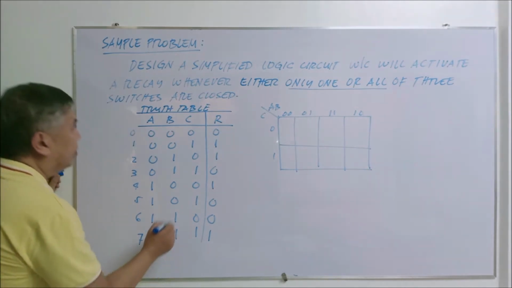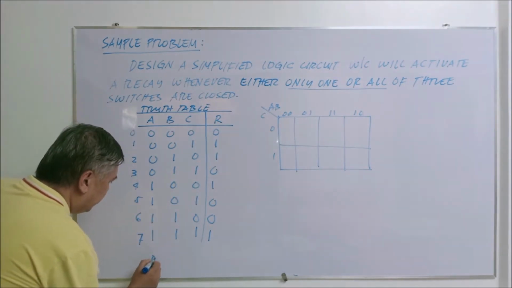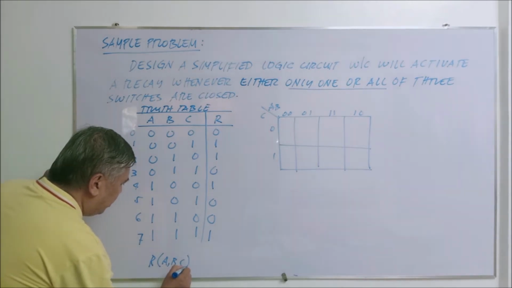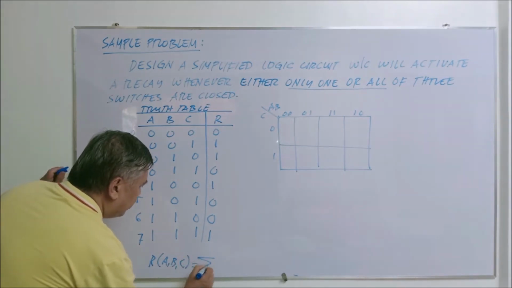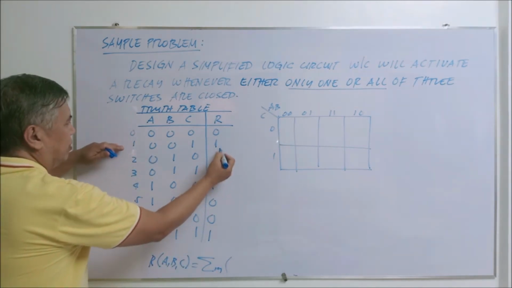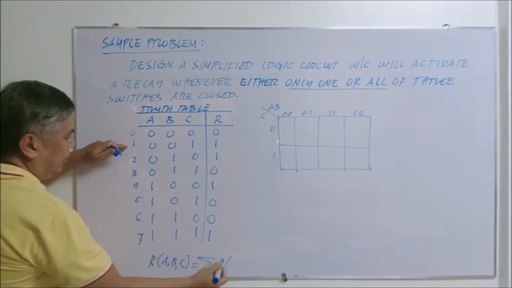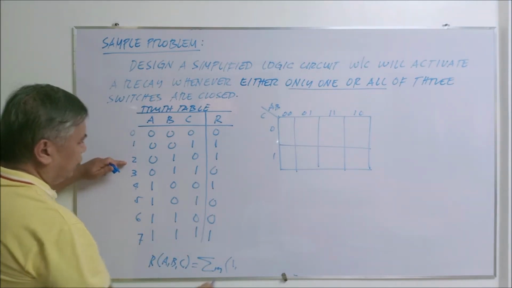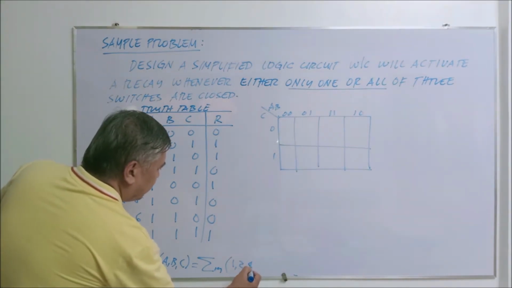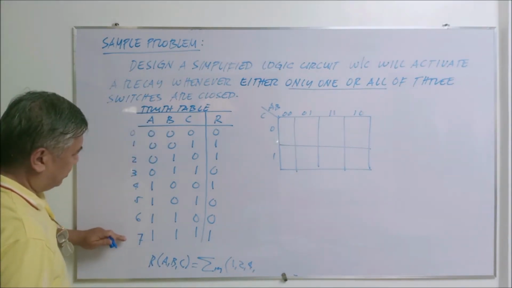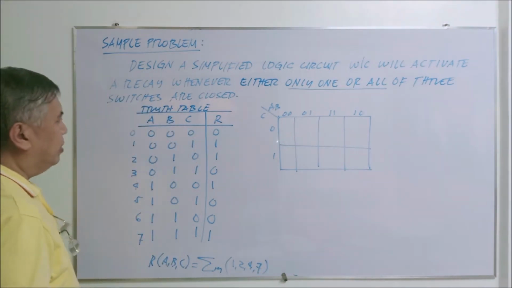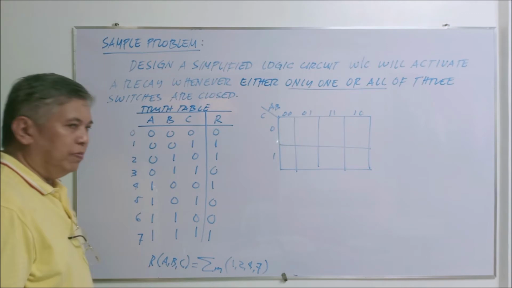F or R as a function of A, B, and C is equal to the summation of min terms, those with R having a value of 1. So you have 1, then 2, then 4, then 7. Okay, so those will be our min terms.